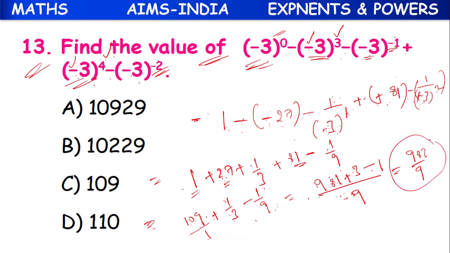Okay children, there is no option. We are getting a value of 983 by 9.